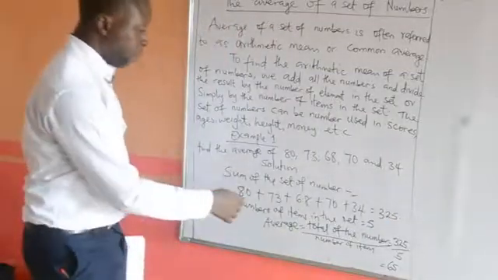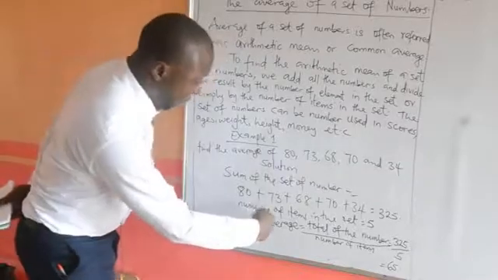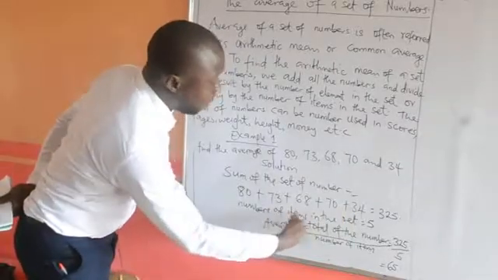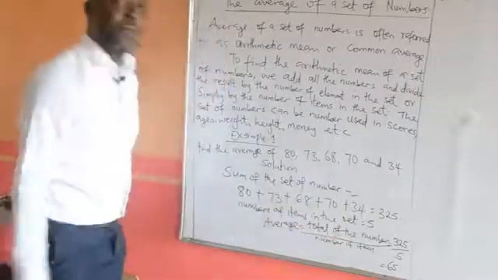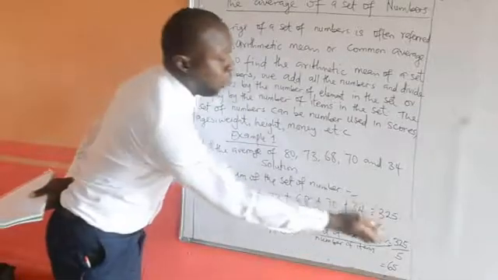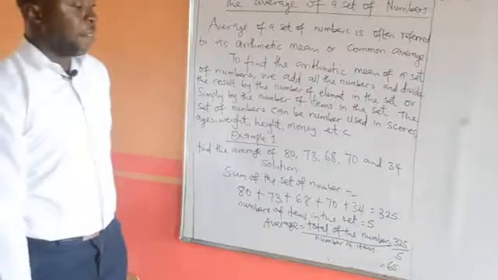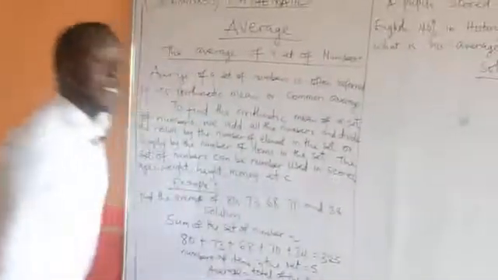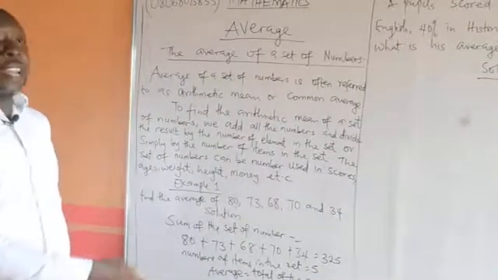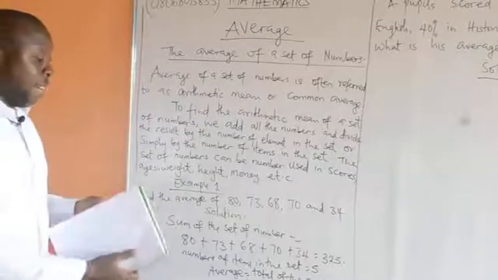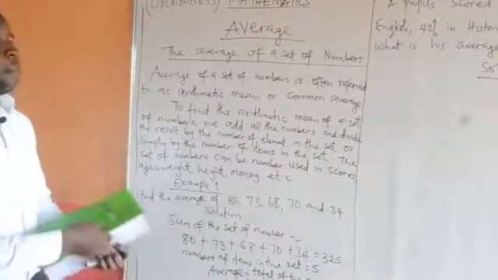And the number of items in the set is equal to 5. So to get the average, you use 325 divided by 5, giving us 65. So the average of these numbers is 65.